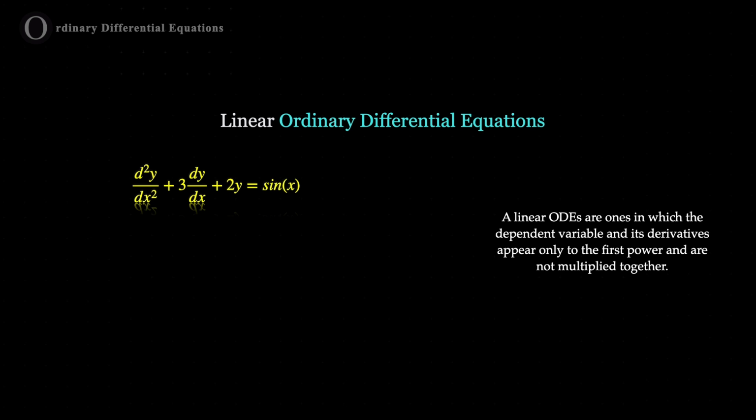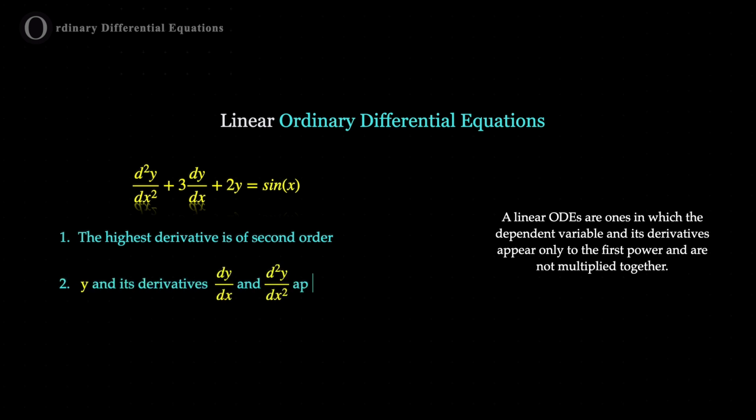To be more precise, the above ODE is a linear second order ODE. Due to 1, the highest derivative is of second order. 2, y and its derivatives appear only to the first power. Lastly, there are no products of y or its derivatives.